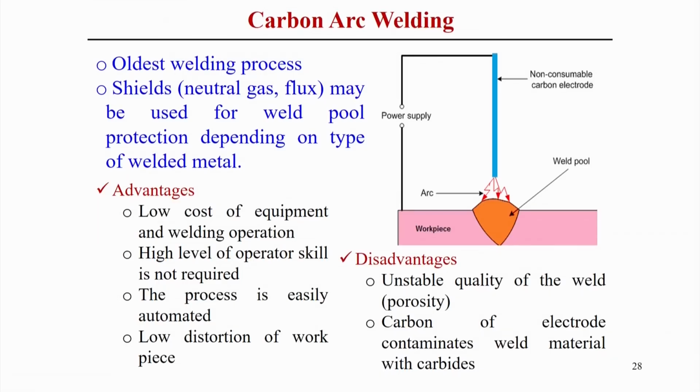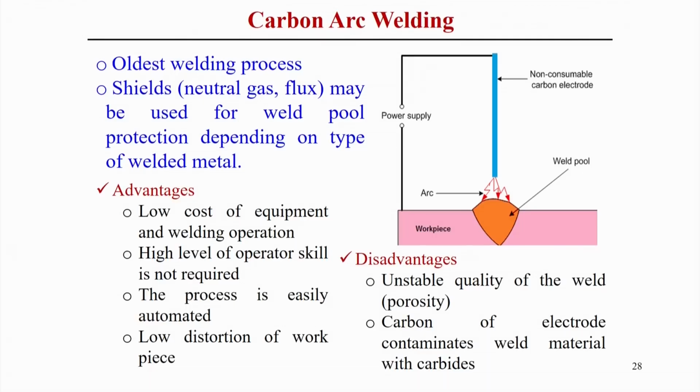You can simply use the non-consumable carbon electrode, and shielding can be done with either flux or natural gas. Because of the low cost, very high operator skill is not required, and the process can be easily automated because it is not very complicated.